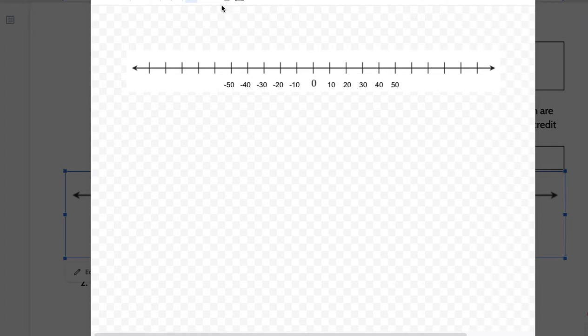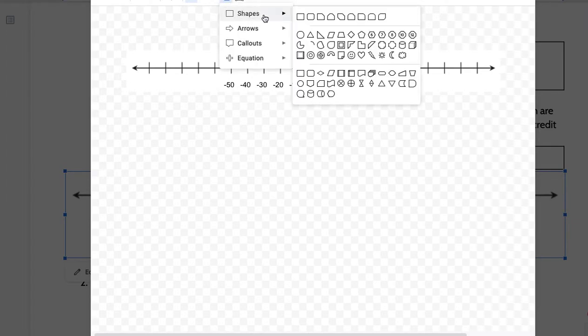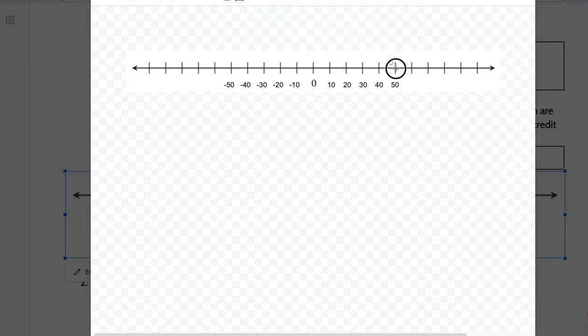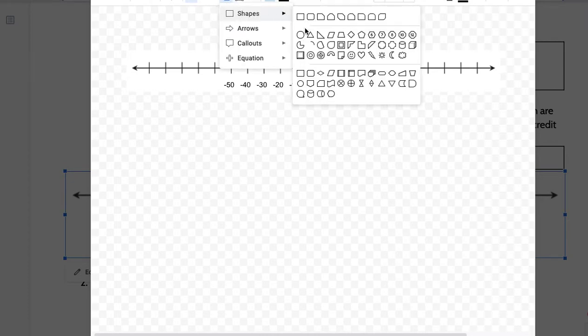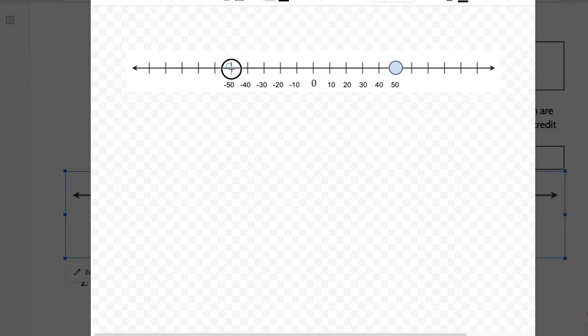Then I need to plot both of them. One's on 50, and one is on negative 50.